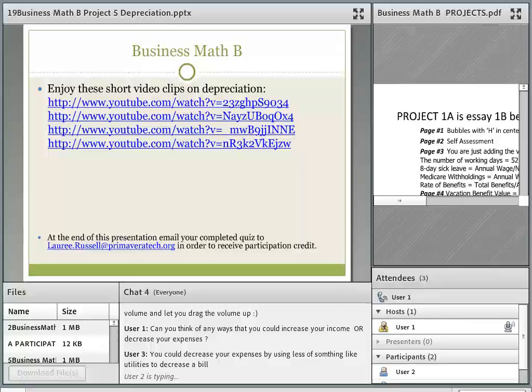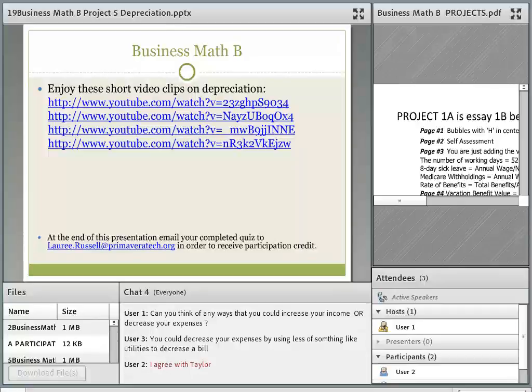Yes, that's good. You could cut some of your operating costs by cutting your utilities. You could also lower staff hours. You could actually change your hours of operation, right? Those are great ideas.